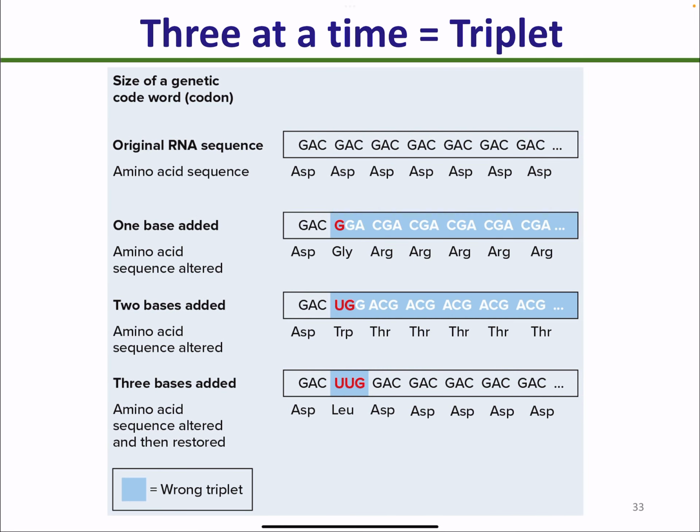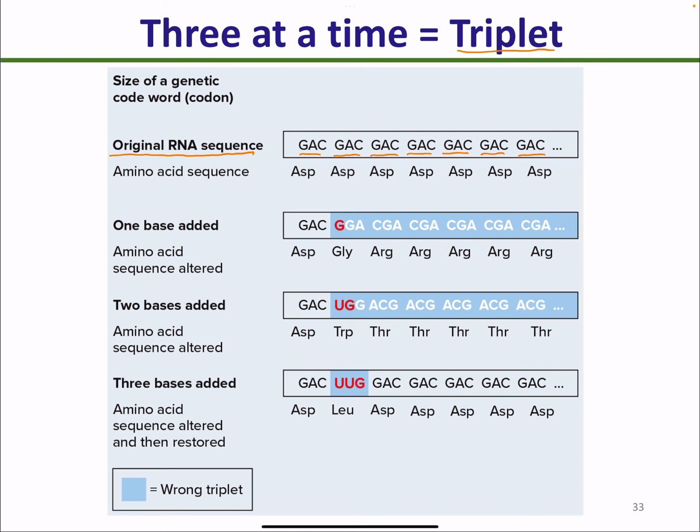All right. So now, based on the fact that a codon is a triplet, right? If we start with an original sequence here that we're going to call wild type, that wild type sequence is going to be a succession of GAC, GAC, GAC, and so on.